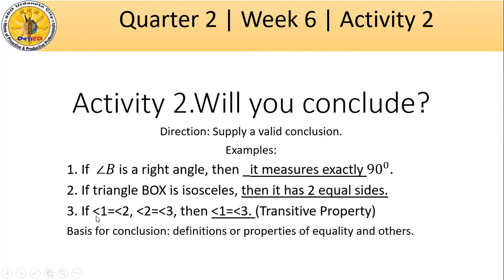Okay, number 3: if angle 1 is equal to angle 2, and angle 2 is equal to angle 3, then angle 1 is equal to angle 3. Why? Because that is the transitive property of equality. So the basis for a conclusion is the definition or properties of equality and others.